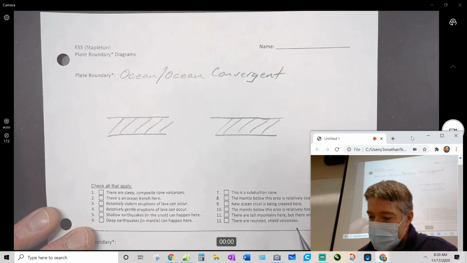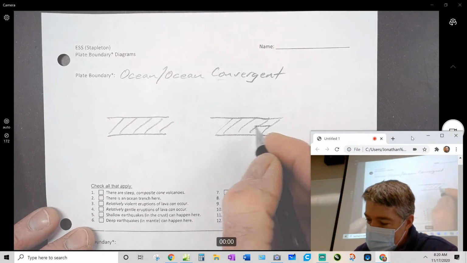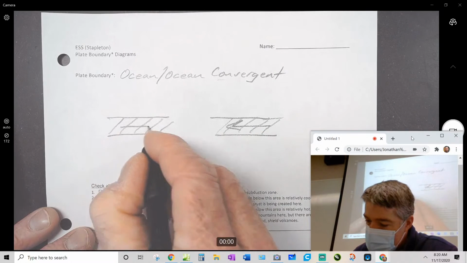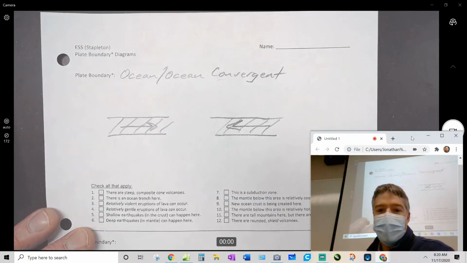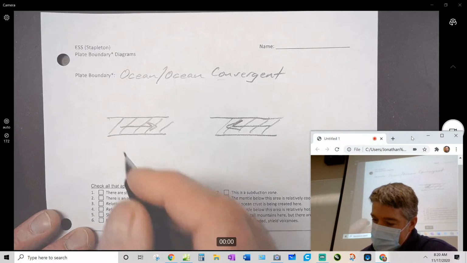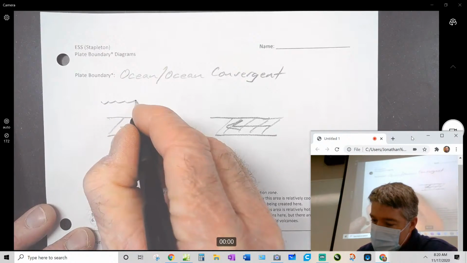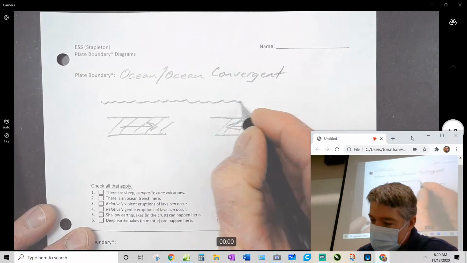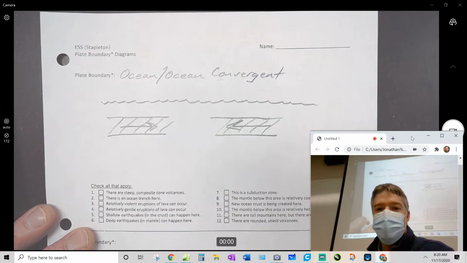And they're convergent, which means they're moving toward one another. And I might as well draw some water up here. Sometimes I don't know when to add the water, but if it's an ocean, put some water in it.